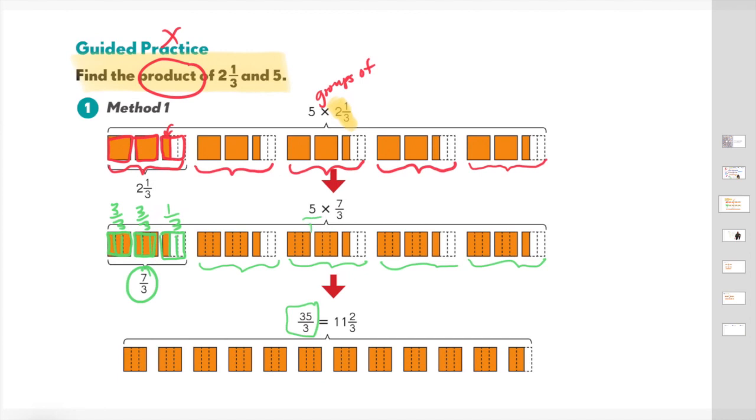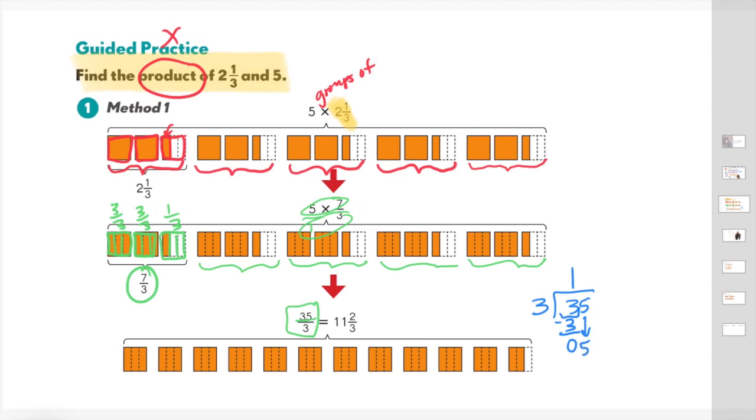If you put the whole number over 1 and multiply, numerator times numerator is 35. Denominator times denominator is 3. So 35 thirds. The last step then is to change 35 thirds into a mixed number. So 3 goes into 3 once.